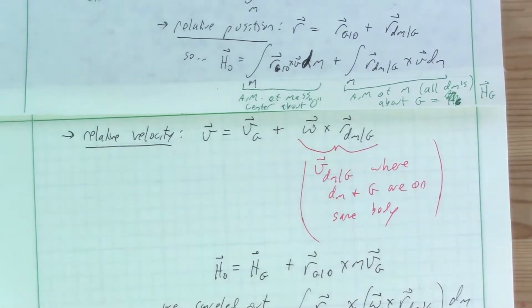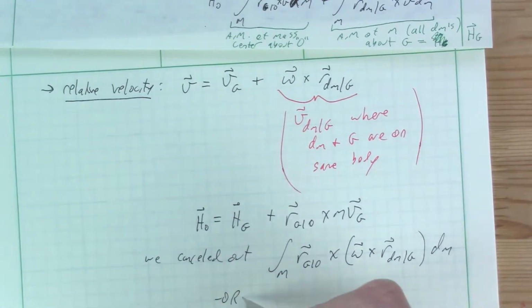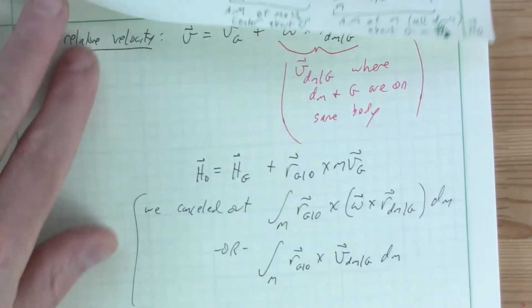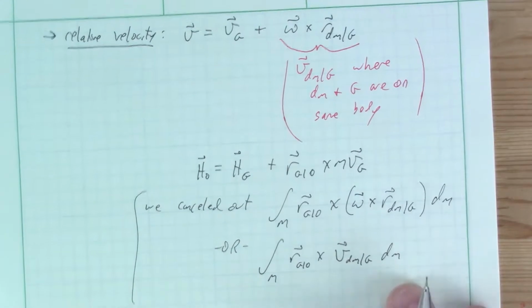Or another way to write that term is to integrate over the mass rg crossed into the velocity relative to vg, dm. The math works itself out, and you can work through it and say that this equals 0.